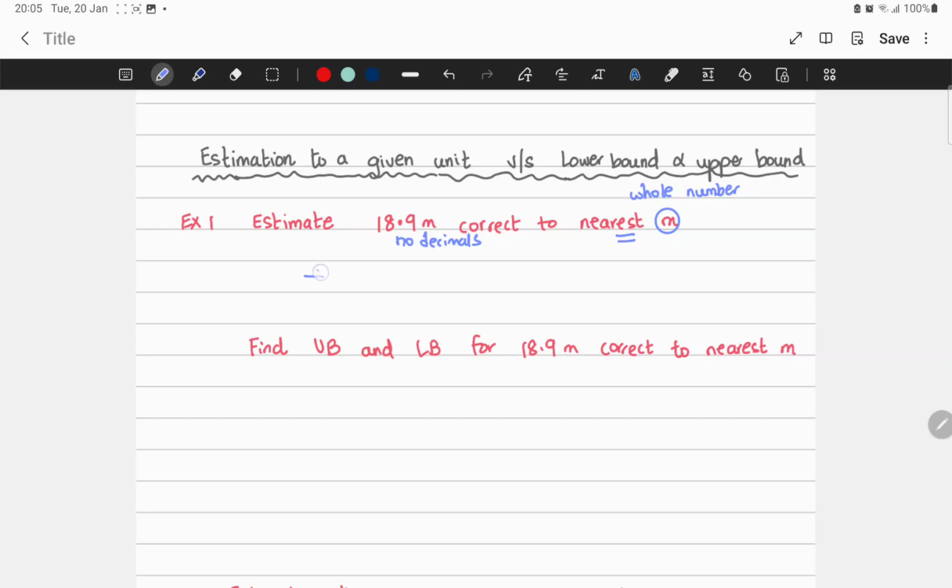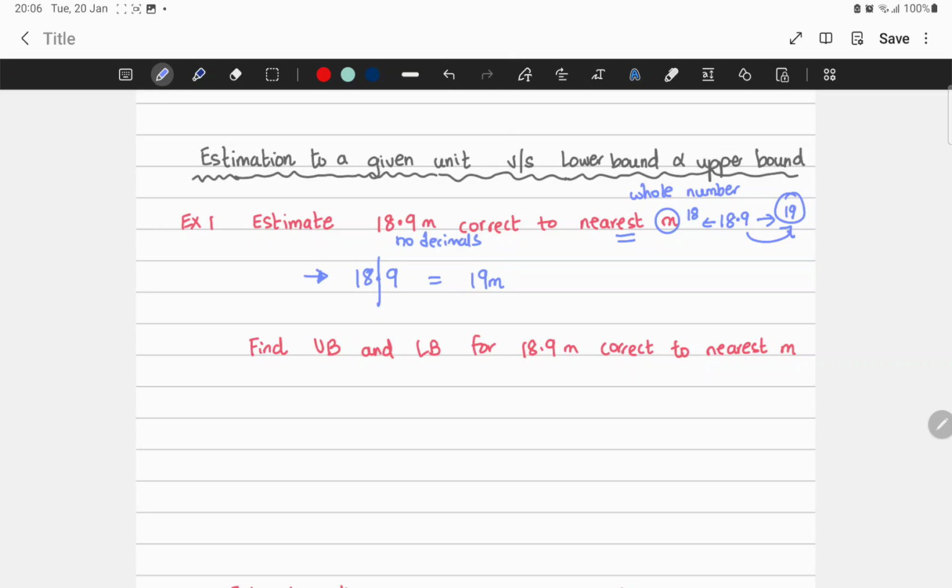So to approximate or estimate this 18.9, we just have to get rid of the decimal point because correct to the nearest meter, since 18.9 lies between two numbers, between 18 and 19. So we're going to use the one that is closest. We're going to use 19 as we're talking about whole number. So in this case, 18.9 ending with 0.9, the estimation is 19 meters.